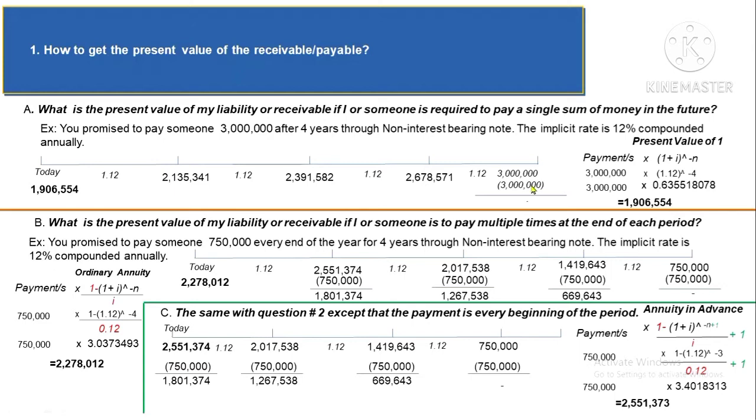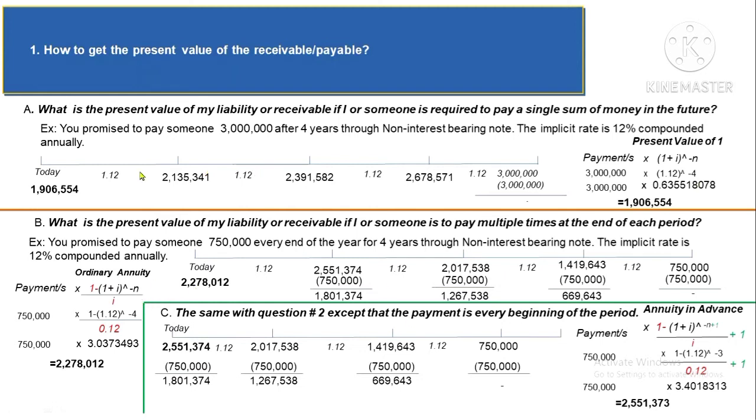Before we go to the summary of this slide, I have a bonus knowledge for you. So for example, what if you wanted to get this 2,391,582 or this 1,267,538 using the formula approach, not using the timeline analysis? Can you do that? Yes, of course. You just use these formulas. However, you need to revise the n.